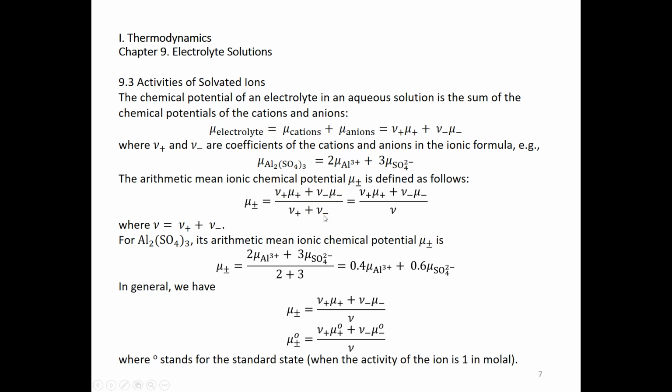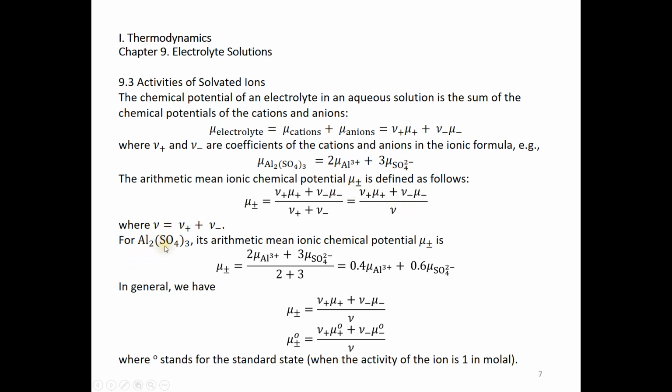On the bottom we have coefficients, nu plus plus nu minus, and overall we have nu equals nu plus plus nu minus. This is the arithmetic mean ionic chemical potential, again denoted by mu sub plus minus.